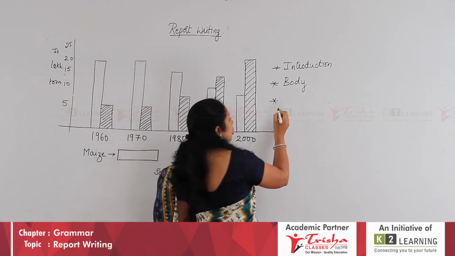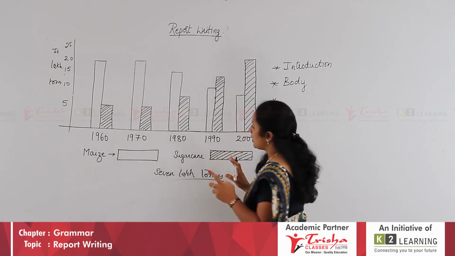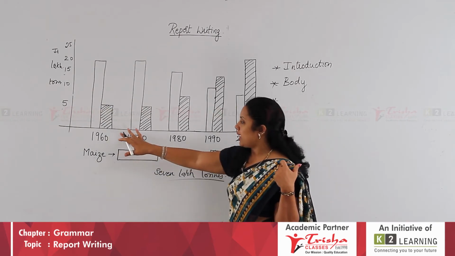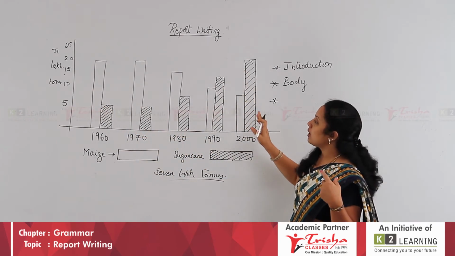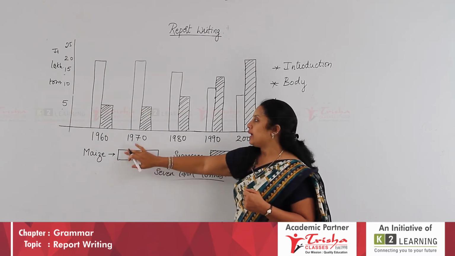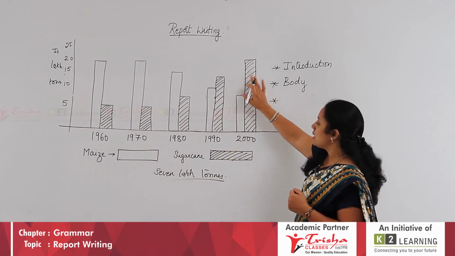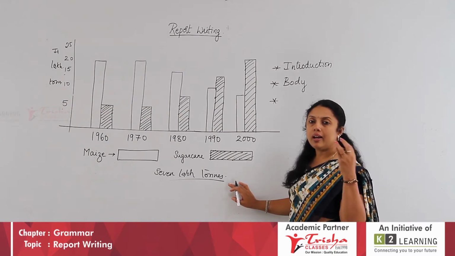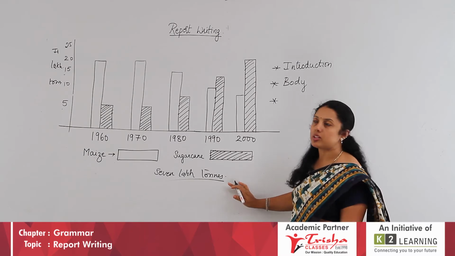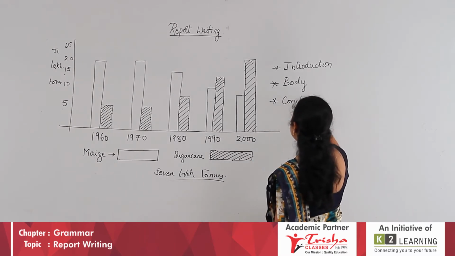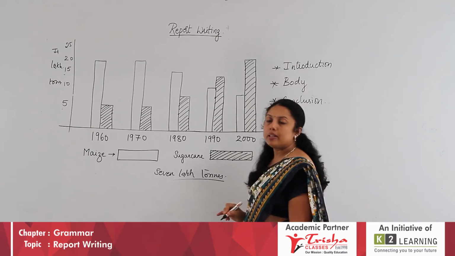Otherwise, overall, you write down here in this case, overall in these 50 years, 5 decades, we have seen that there is a drastic fall in the growth of maize, while there is a lot more of increase in the production of sugarcane. So that shows that India has started growing sugarcane more. Finished. And then you write down the conclusion of the report, and that completes your report.